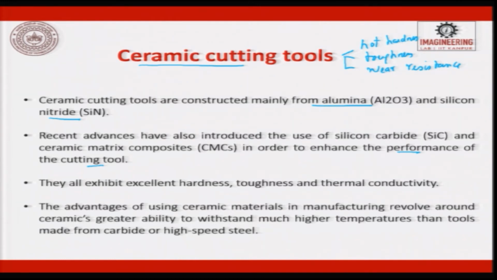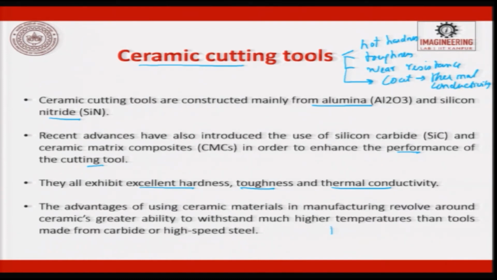So, they all exhibit excellent hardness, toughness and thermal conductivity. In order to enhance the thermal conductivity property, we go for coating. This is only for thermal conductivity. Right. The advantage of using ceramic material in manufacturing revolves around the ceramic's greater ability to withstand much higher temperatures than carbides and HSS.